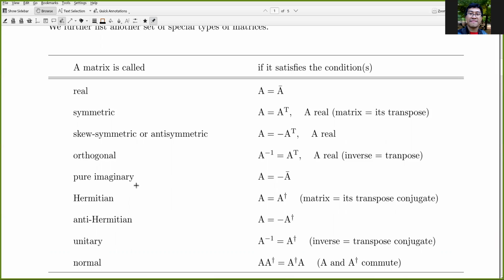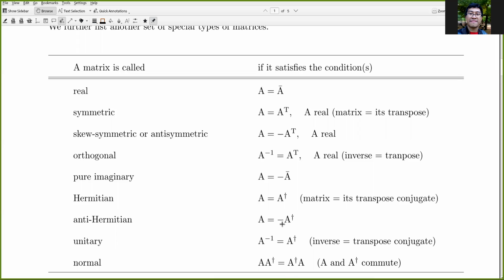Pure imaginary, as opposed to the real matrix here, is pure imaginary if when we take the complex conjugate, we need a negative sign to get the original matrix A. Hermitian if the matrix is equal to its transpose conjugate.